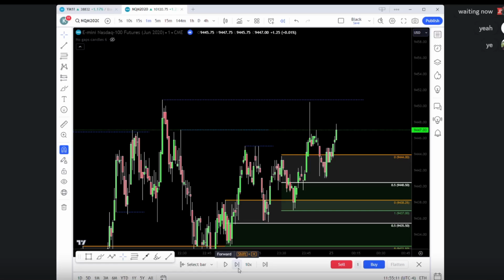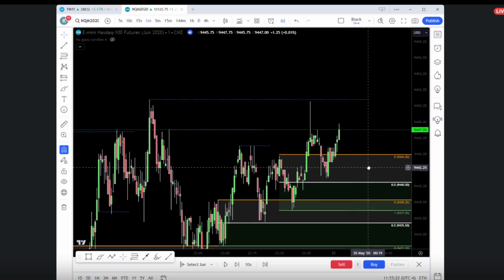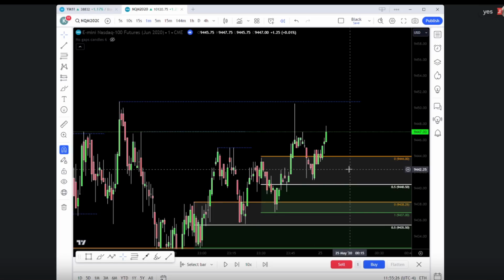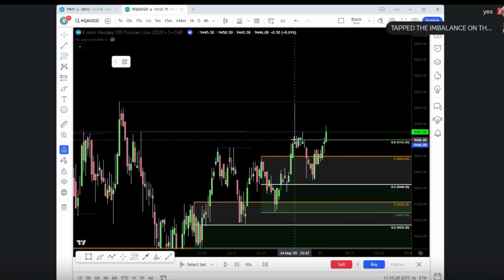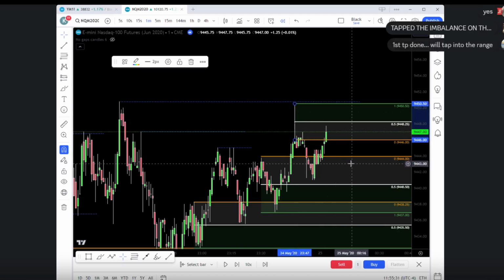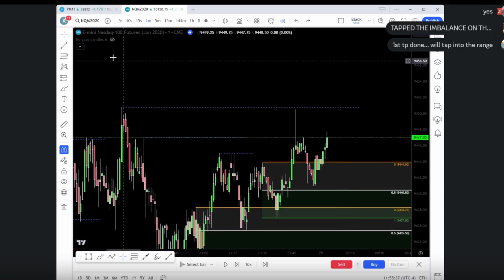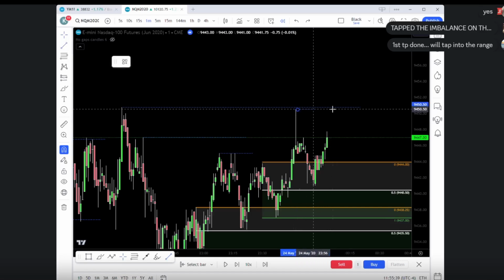If then, what happens if we close below here? That might be somewhere you consider getting out, right? Is it valid to tap back into here and continue up? All right. Somebody's mentioning the 50% of this zone. Fair. Tap the imbalance in the wick. Anybody holding for this?